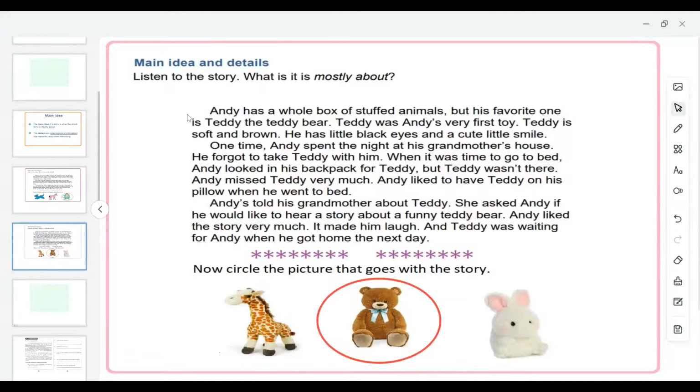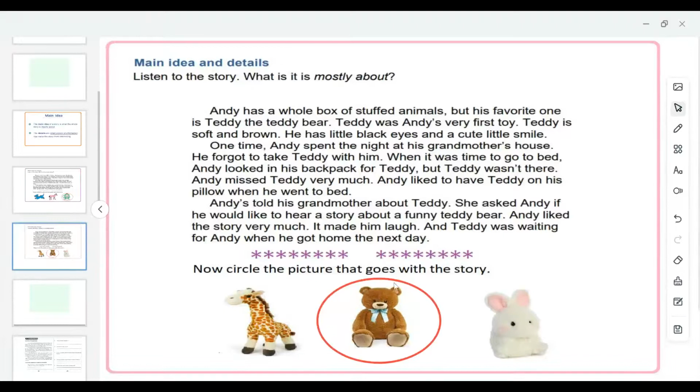Doesn't matter if you read or you listen, you will find the story is not about the giraffe. The story also didn't talk about the rabbit.